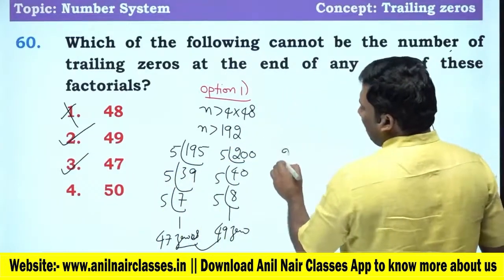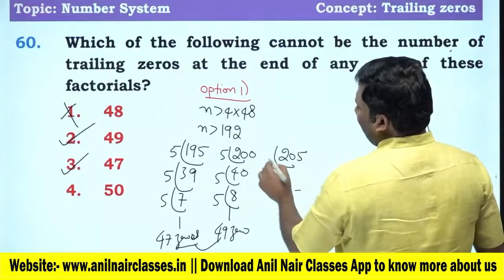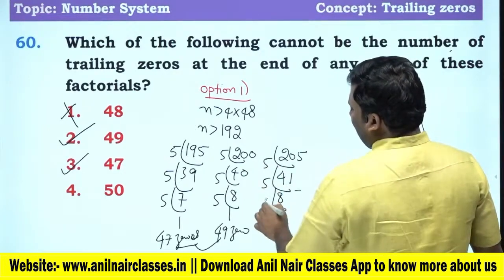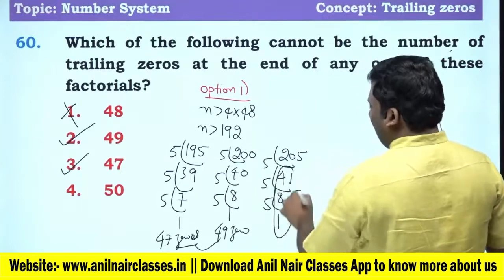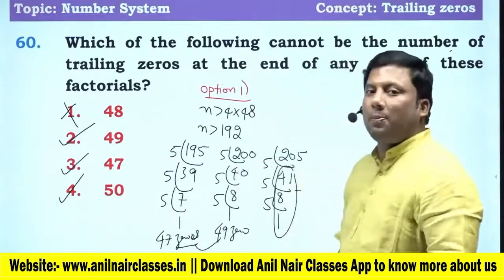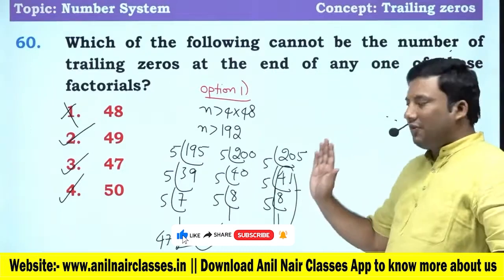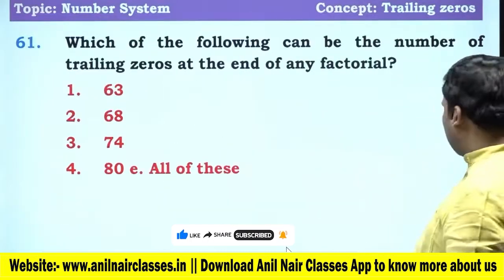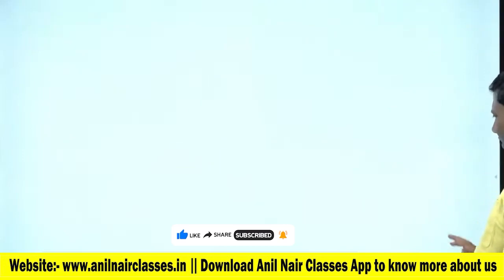Suppose I take the next multiple, 205: 5 41s are, 5 8s are, and 5 1s are. 49 plus 1, 50. All these three are possible. First option, it is not possible. I hope the idea is clear. Very, very good quality question, sir.